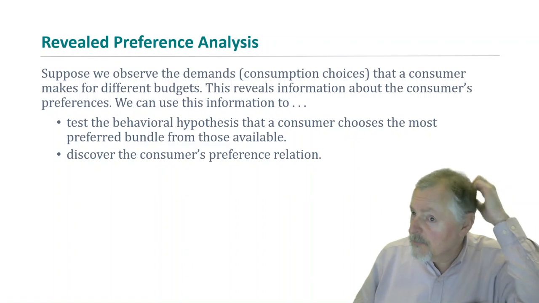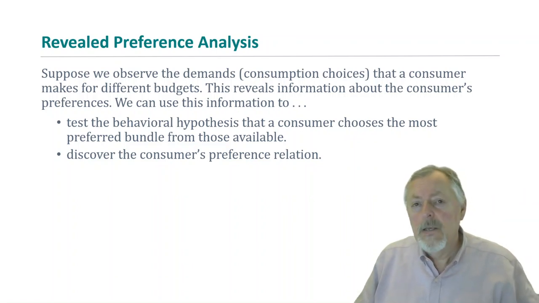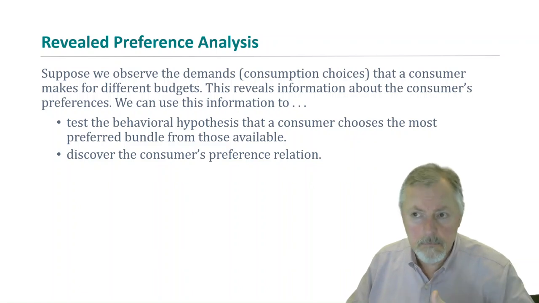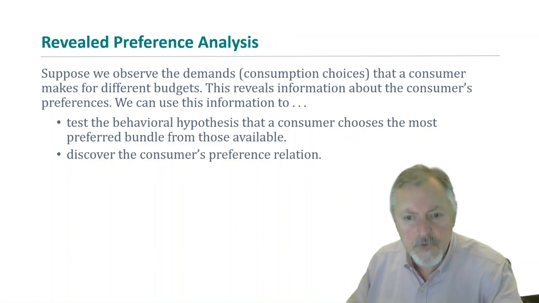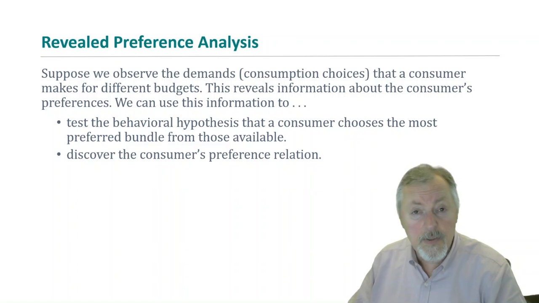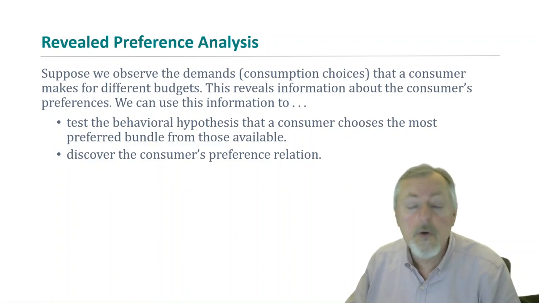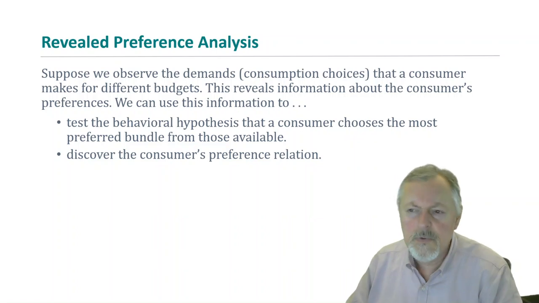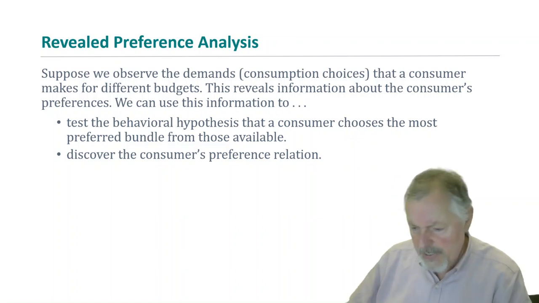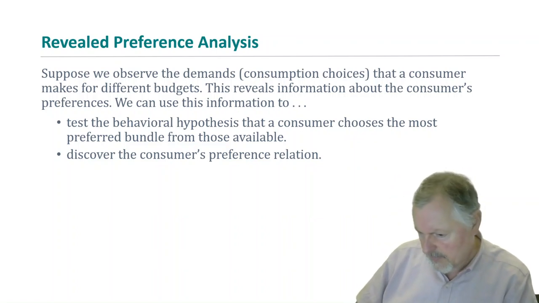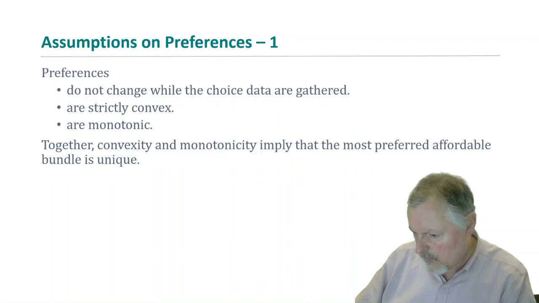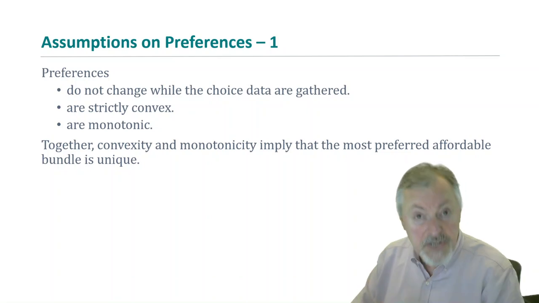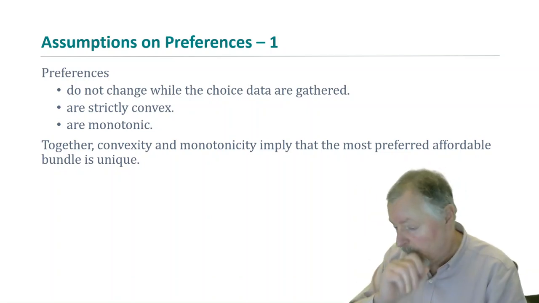We make a couple of assumptions: that consumers maximize their utility, that they choose a consumption bundle because of all the affordable ones, it is the one and only one that gives them the most utility. We're also going to assume, in the standard analysis, that their preferences are stable over the choice period.